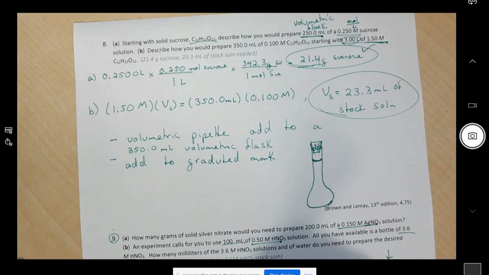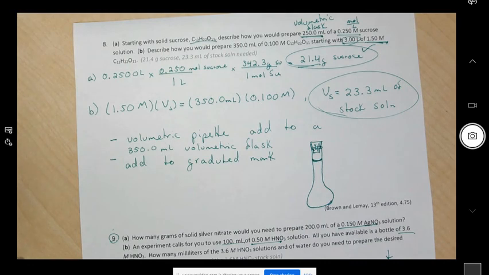We would like to make a 0.50 molar solution, and we'd like to make about 100 milliliters of it. There really should be another 0 there, but we'll leave it. And so the volume of the stock solution I need is approximately 13.89 milliliters of the stock solution.